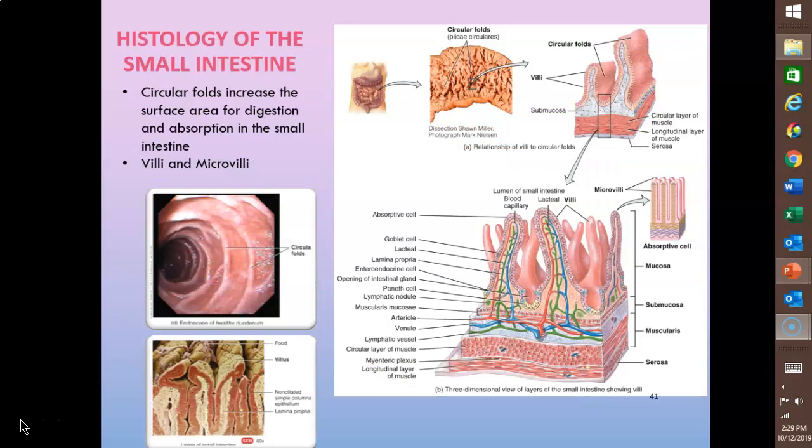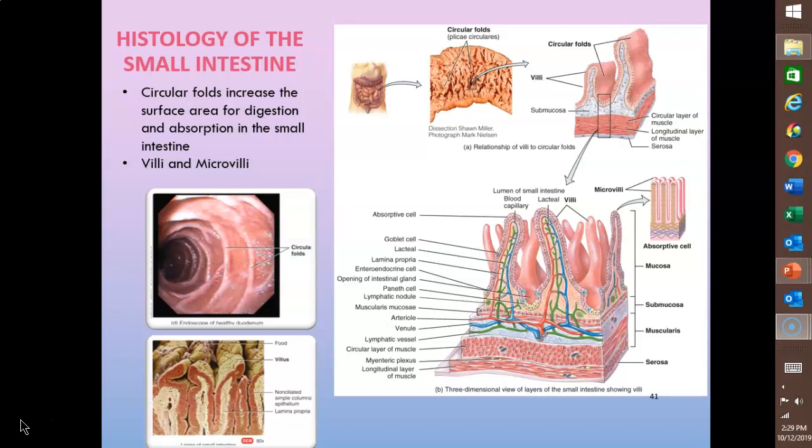The wall of the small intestine is composed of the same 4 layers that we've seen everywhere else in the GI tract: the mucosa, submucosa, muscularis, and the serosa. The epithelial layer of the small intestinal mucosa consists of simple columnar epithelial cells that contain many different types of cells.